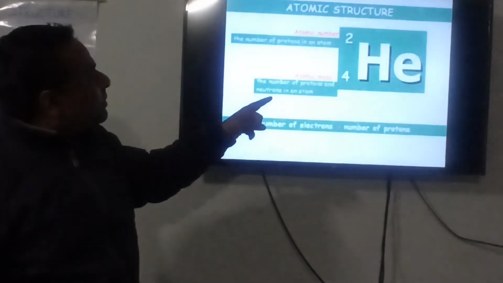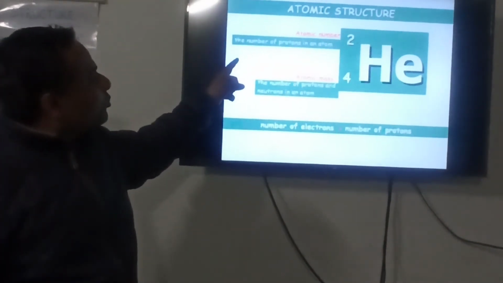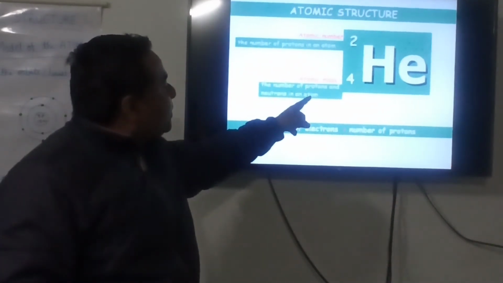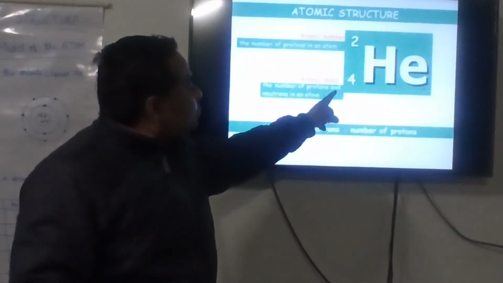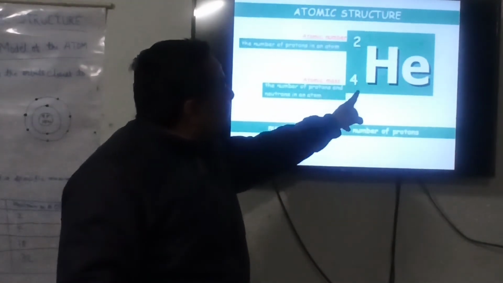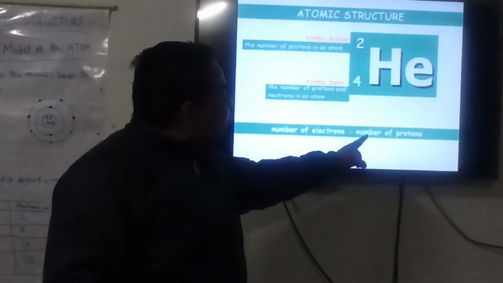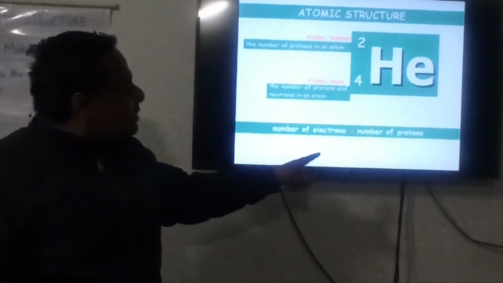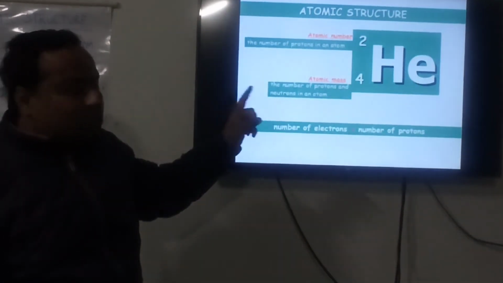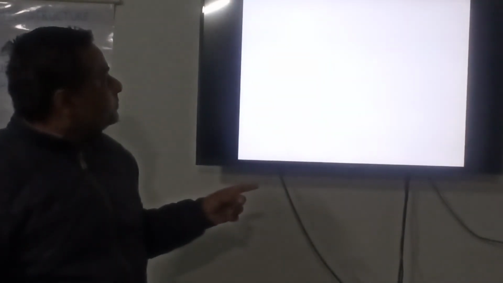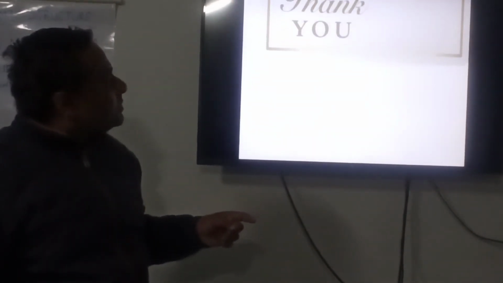In this helium atom, there are 2 protons and 2 neutrons, which makes the atomic mass 4, and the number of electrons is equal to the number of protons. So the helium atom is electrically neutral. So this is our concept of atomic structure.